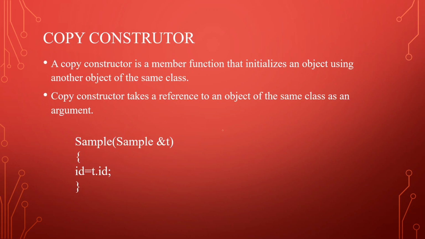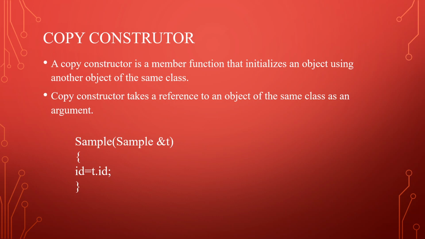Then what is copy constructor? If we need to save the original copy before doing any modification, then we can go for copy constructor. The copy constructor is going to just have another copy of the data. Whatever data we are giving, we are going to have another copy. Using copy constructor, we can achieve that.